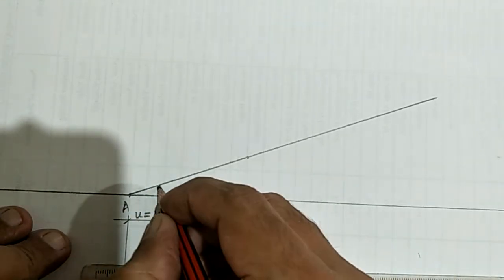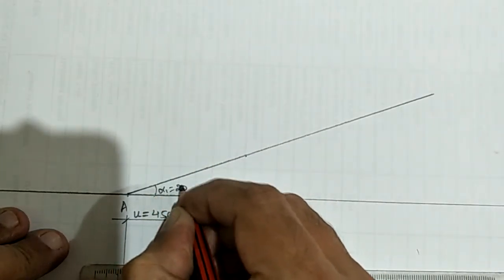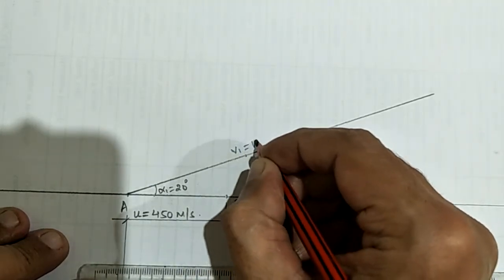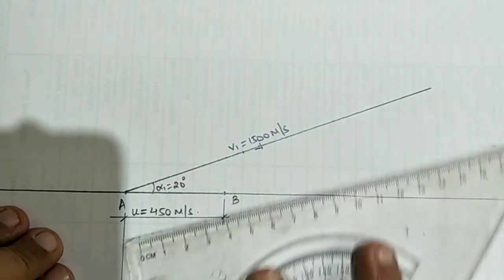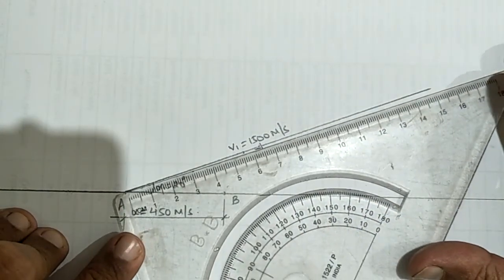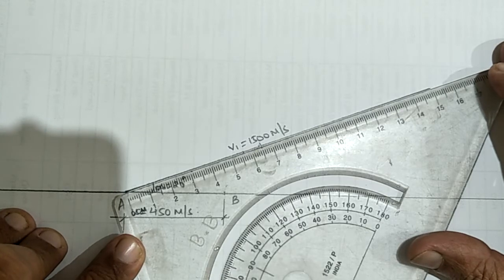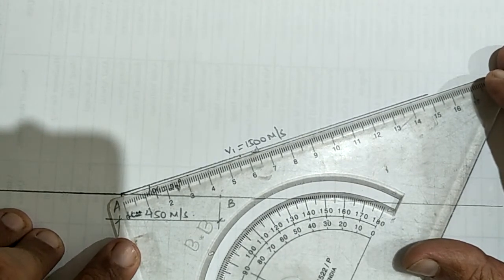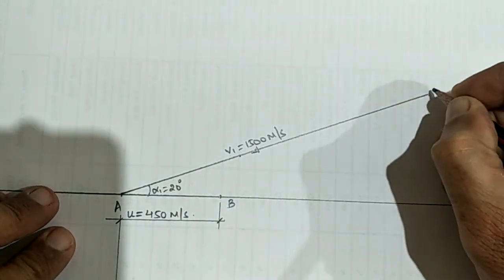From point A, with an angle of 20 degrees, alpha 1 is equal to 20 degrees, and V1 is equal to 1500 meters per second, I have drawn a line of length 15 centimeters. That is V1, which is equal to 15 centimeters, that is 1500 meters per second. This is point D.